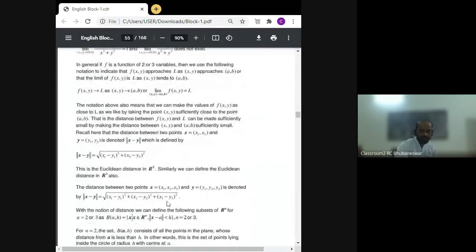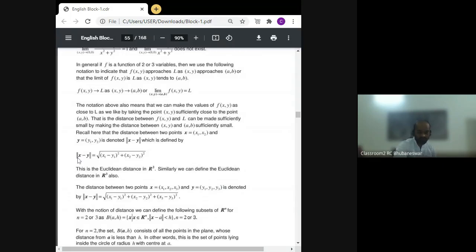Now look at here. Whenever x approaches a and y approaches b, these two points, (x, y) is a point present in R square, and (a, b) is also a point present in R square. So whenever we are going to find the distance between two points in R square or R cube, we use this kind of symbol, that means a pair of double vertical lines.